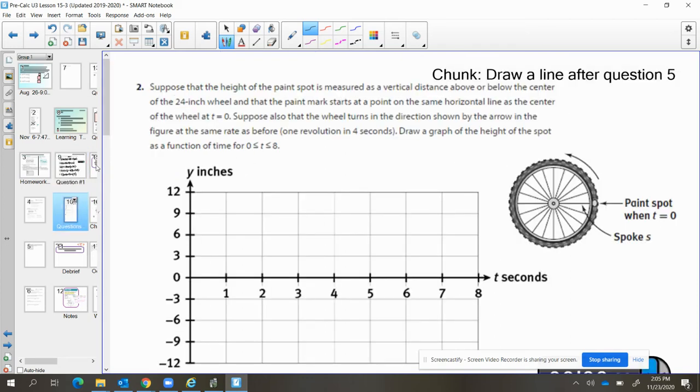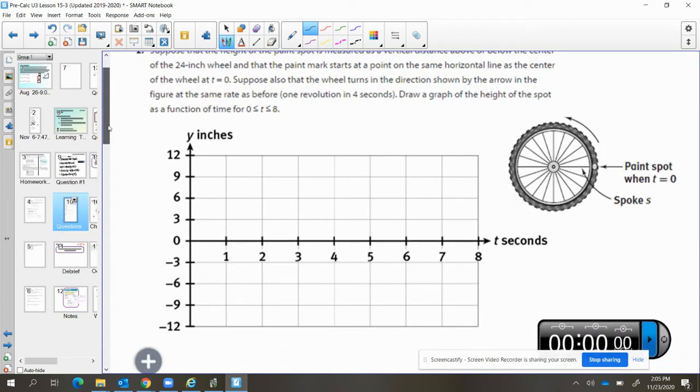Now, looking back at this problem, here's the paint splatter, and this is going to be time 0. And then when it moves up here, after 1 second, it's at 12 inches. Back down to 0. And then at 3 seconds, we are at -12, if we're considering this as the axis, right?